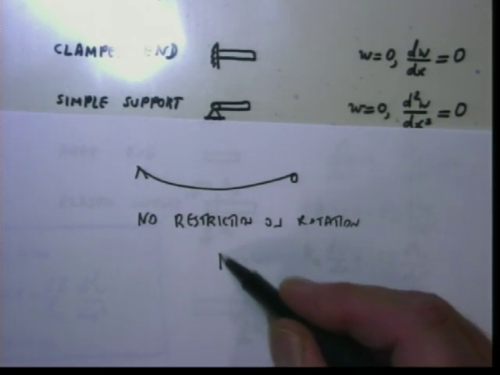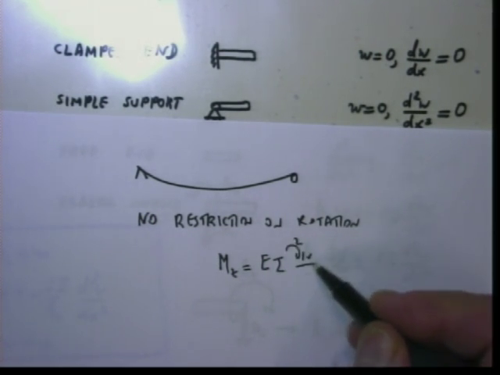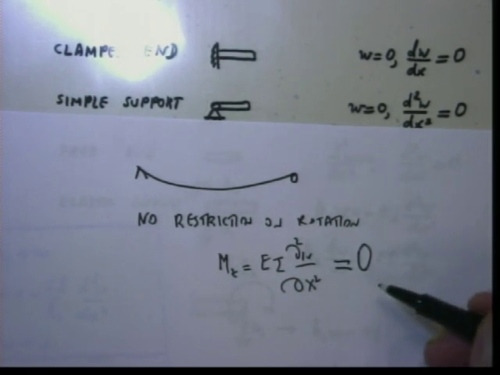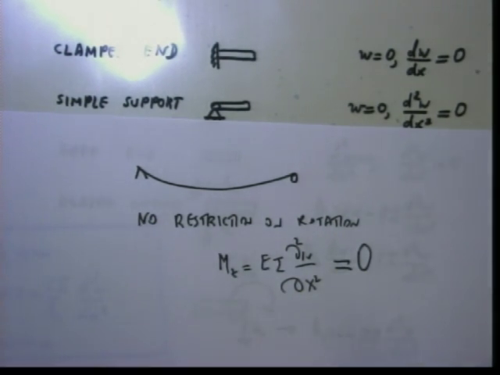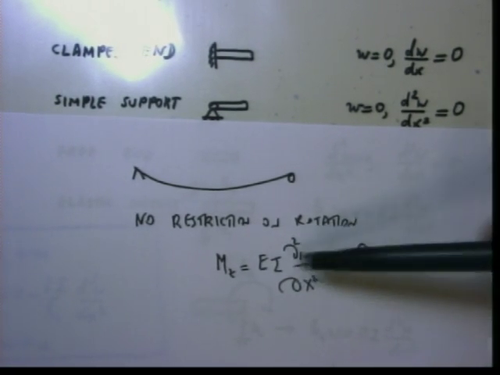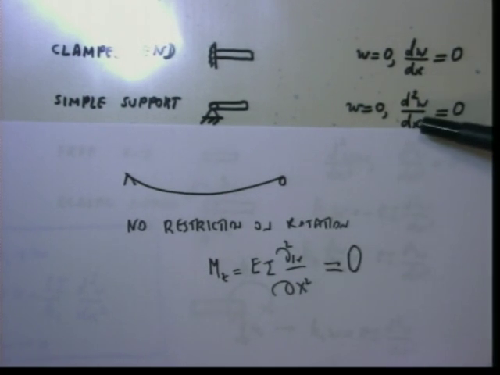So bending moment Mz, we said, equals EI d2w/dx squared. So this must be 0, because if rotation is possible, then there is no restraint. So moment is 0. Moment is 0 means EI times the second derivative equals 0. But EI is not 0, so the second derivative must be 0, as I wrote here.